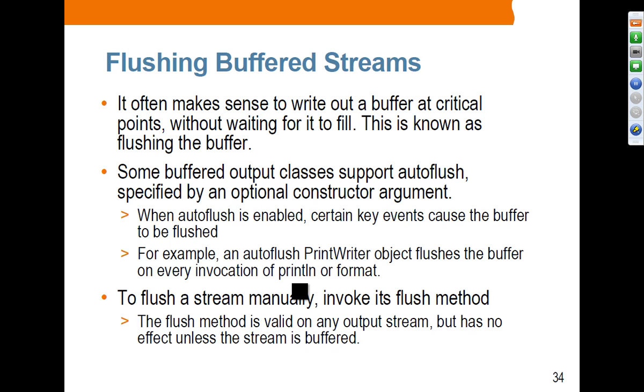So the PrintWriter will get the indication that the invocation of println and format will trigger flushing the data in the buffer to the output device. And to flush a stream manually, invoke the flush method. You can call the flush method on an output stream to force the flush.